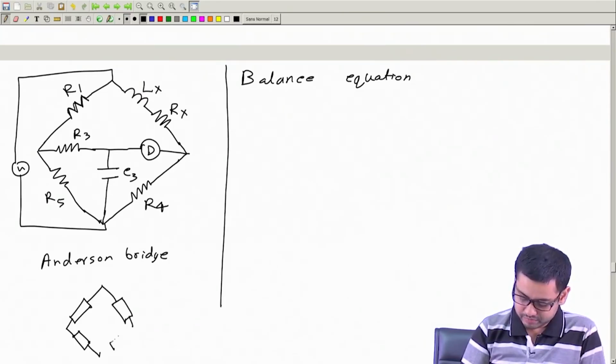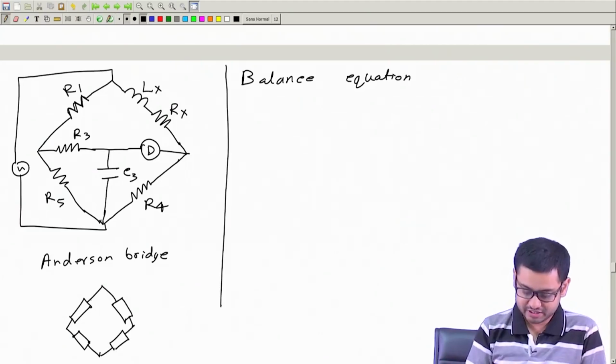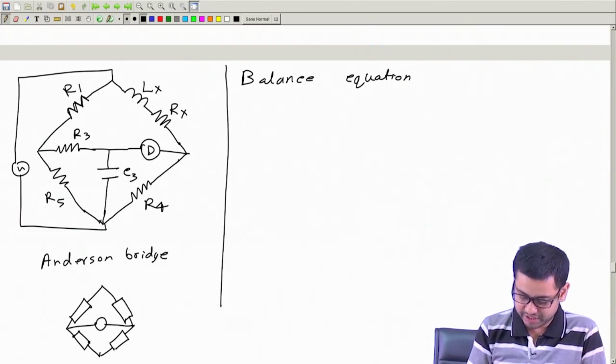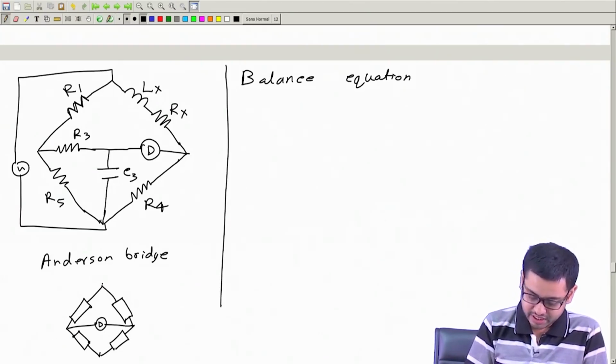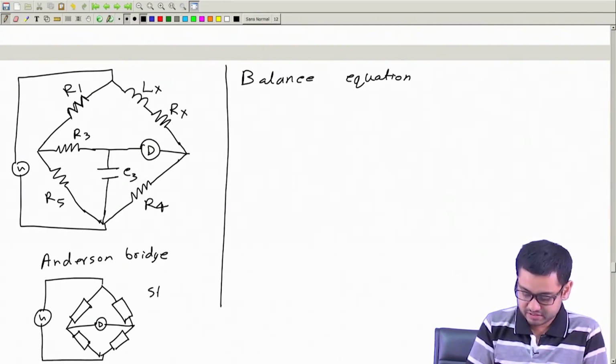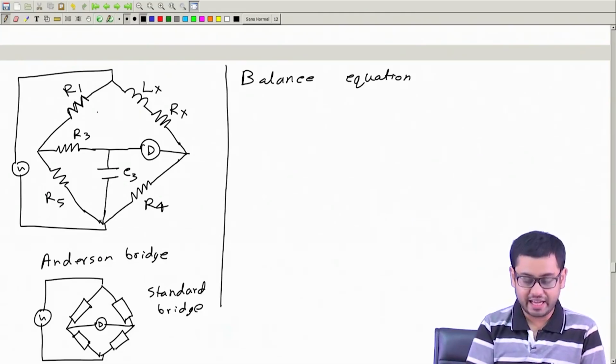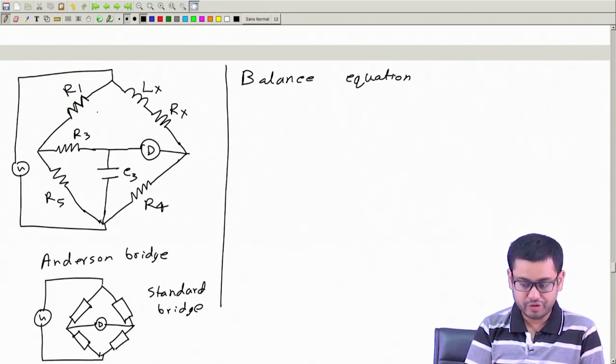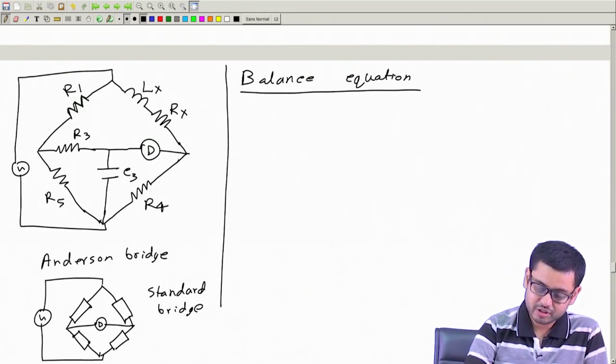All the bridges that we have studied are 4-arm bridges where the detector is placed like this and the supply is here. This is the standard bridge. But this does not look like that. Okay. So, how do we find the balance equation?